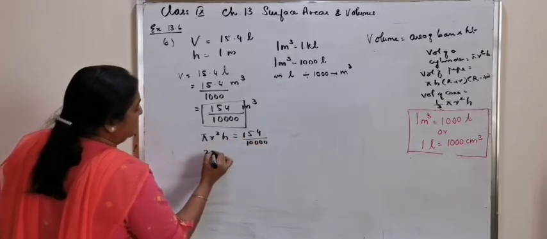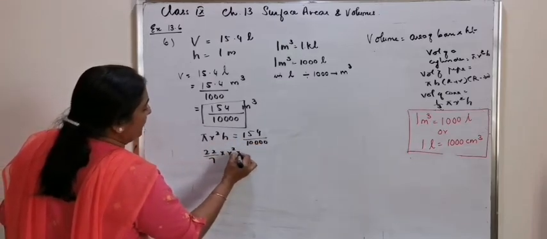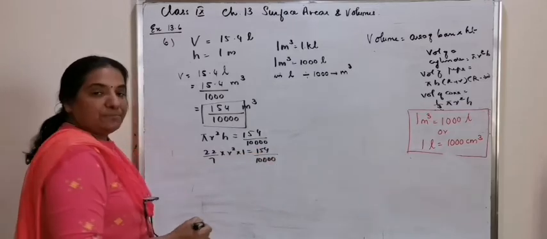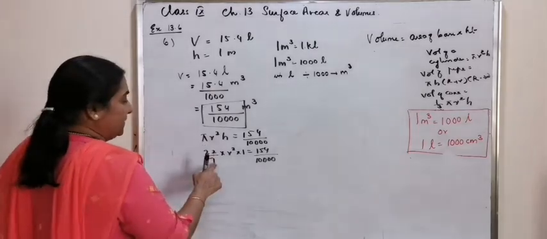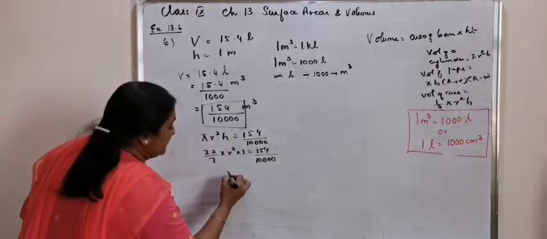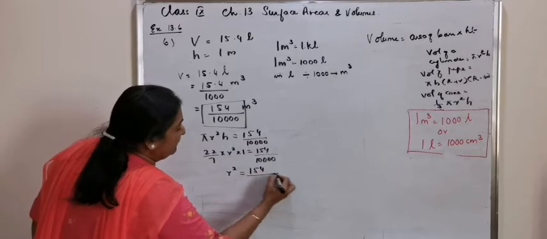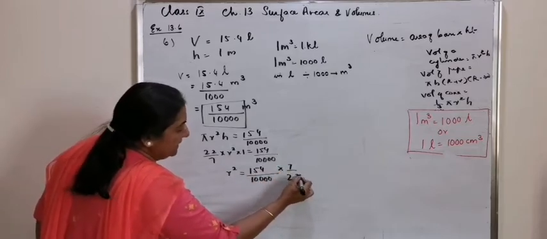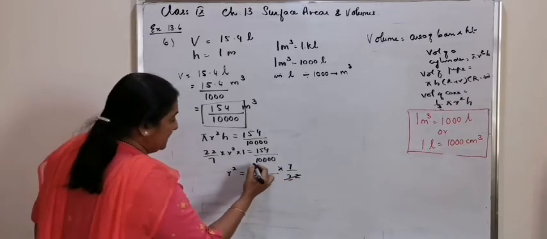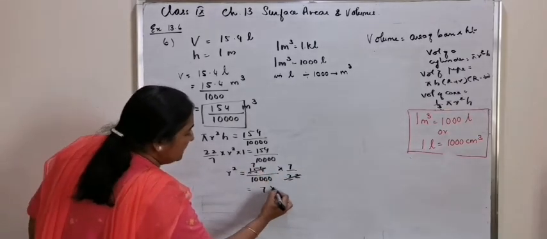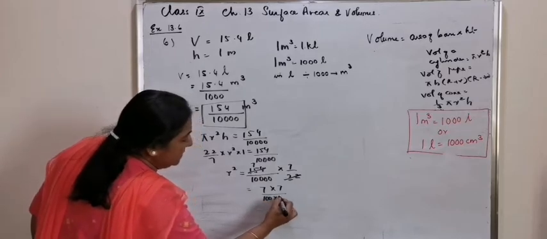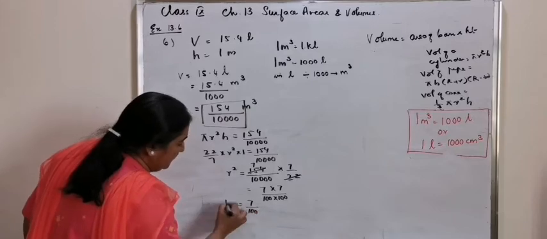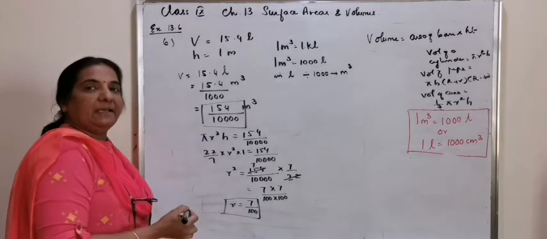H is given as 1. 22 by 7 r square into 1 is equal to 154 divided by 10,000. I'm just showing the easy method. This 22 by 7 will be written as 7 by 22. 154 by 10,000 into 7 by 22. 22 is divisible. Here it is again 7 times, or 7 into 7 by 100 into 100, or the value of r is 7 by 100. The radius is 7 by 100.